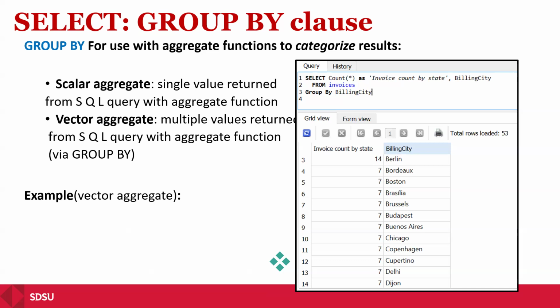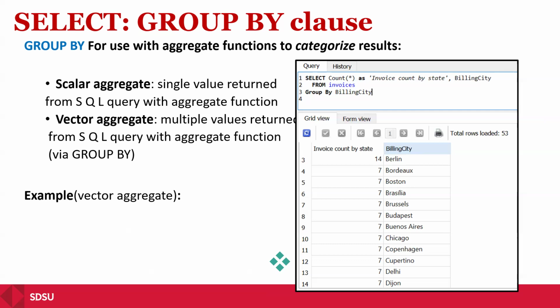So we use invoice count, and we can give it an alias. That's where we use count asterisk and as, and we're going to have a specific name for this column called invoice count by state. And we also have billing city here, which is something that we're going to display.